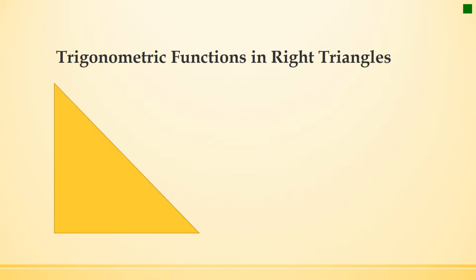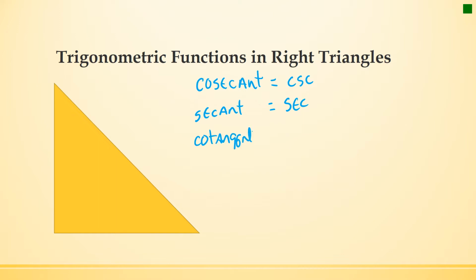Now, in addition to the 3 trigonometric functions that we just looked at, sine, cosine, and tangent, we also have 3 additional. We've got the cosecant, which we often see expressed as CSC. We have the secant, which we often see expressed as SEC. And we have the cotangent, or the COT.